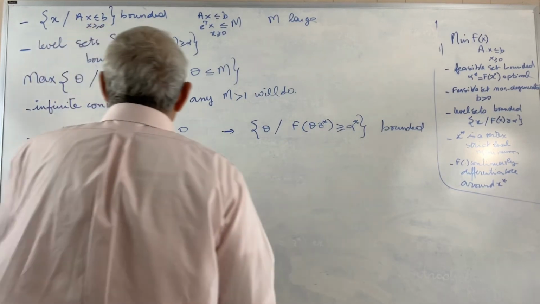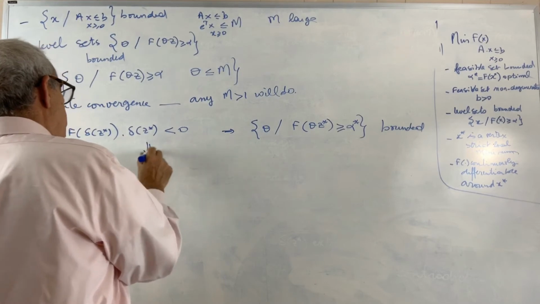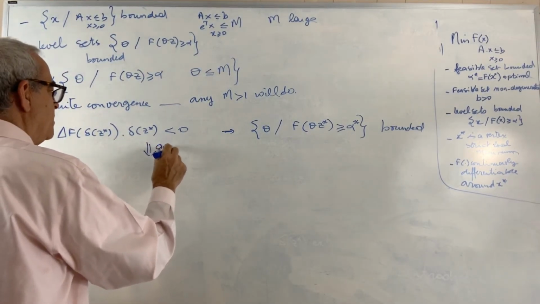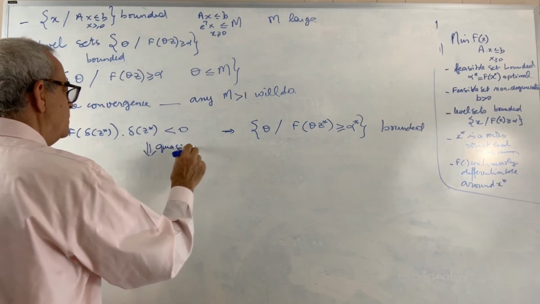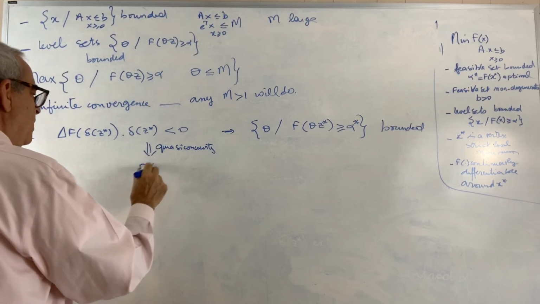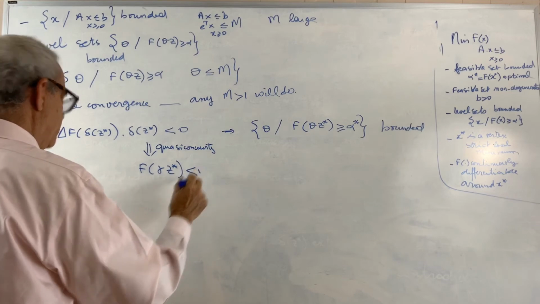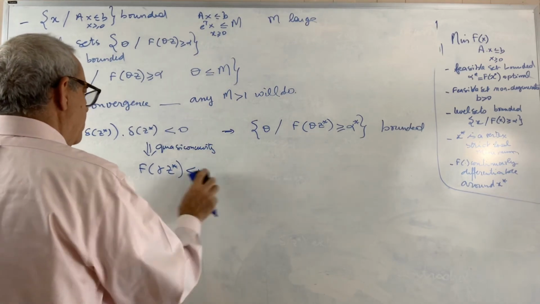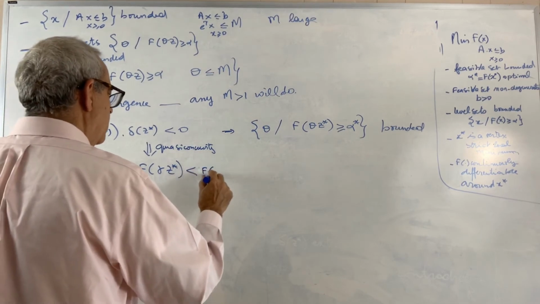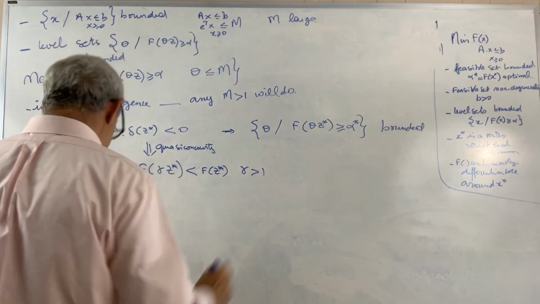Because this condition here, by quasi-concavity, I only need quasi-concavity, implies that F of gamma delta Z star is strictly less than F of delta Z star for gamma bigger than 1.